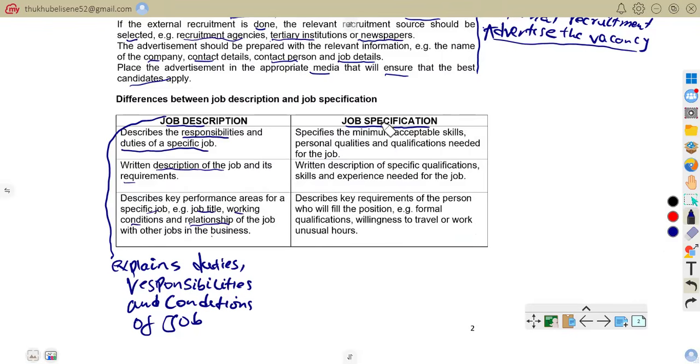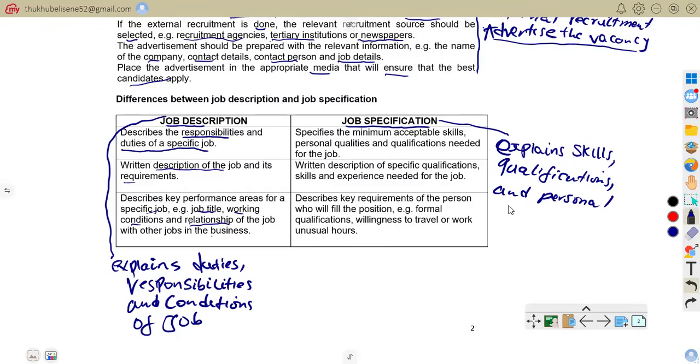Job specification explains skills, qualifications, and personal traits required.